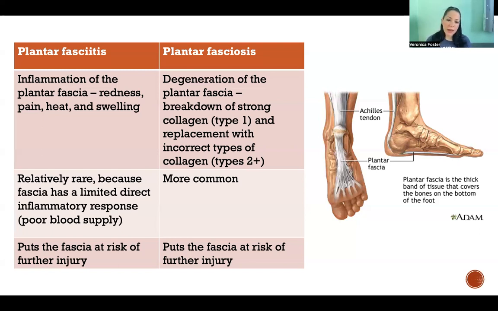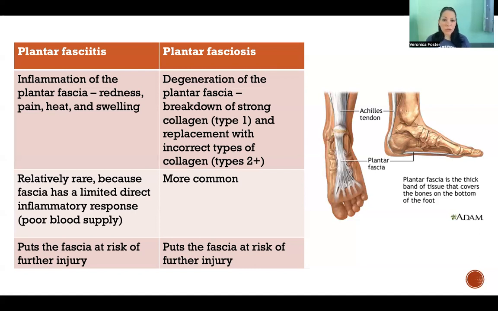So when we're breaking down the type 1 collagen faster than we can replace it with more type 1 collagen, then instead we'll put in other types of collagen that we can make faster, but it's also not the right type of collagen. So it's weaker and it's going to be more prone to rupture and to further injury down the road.